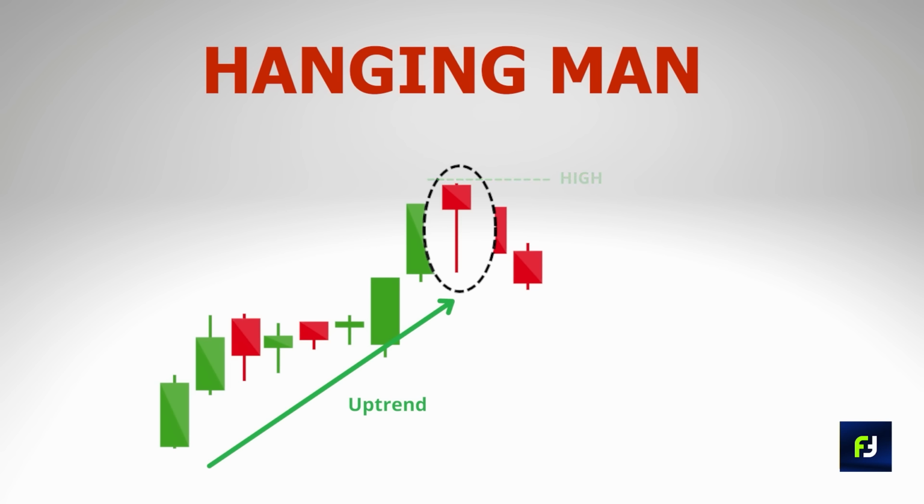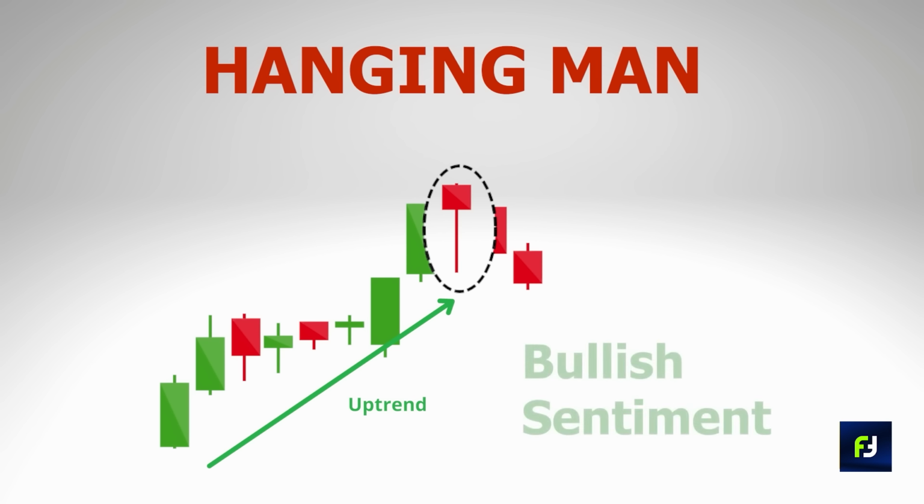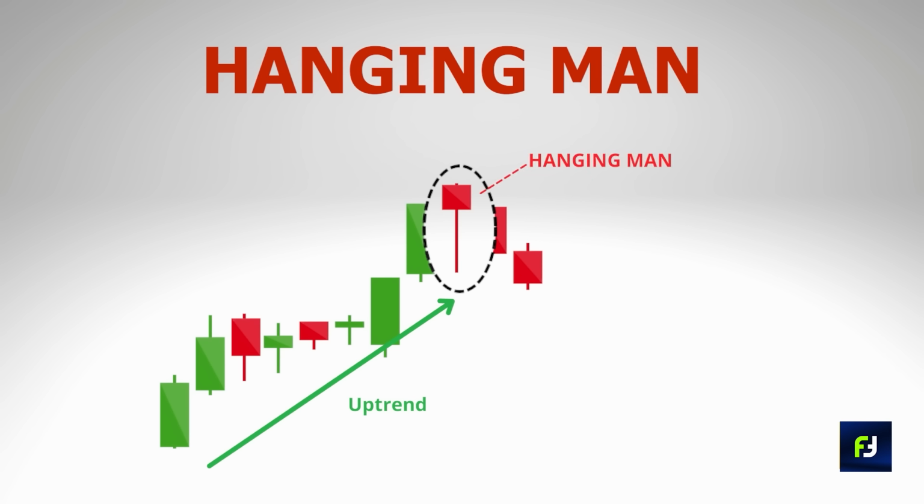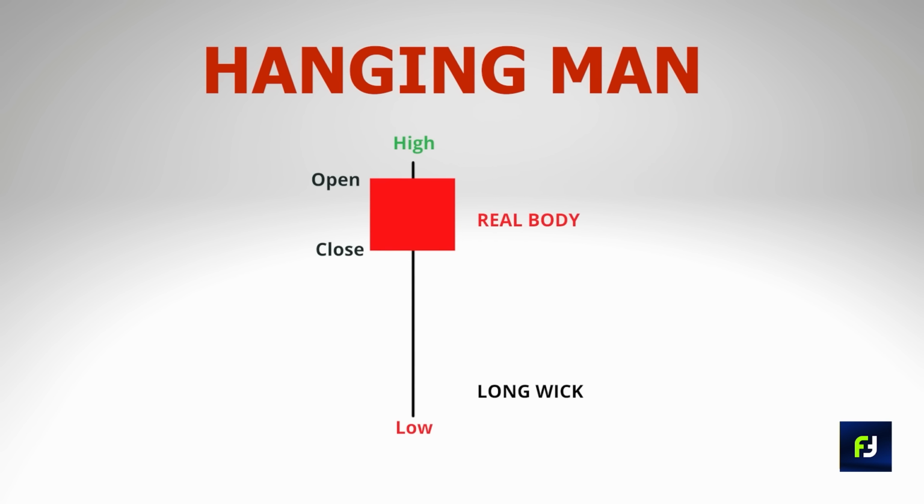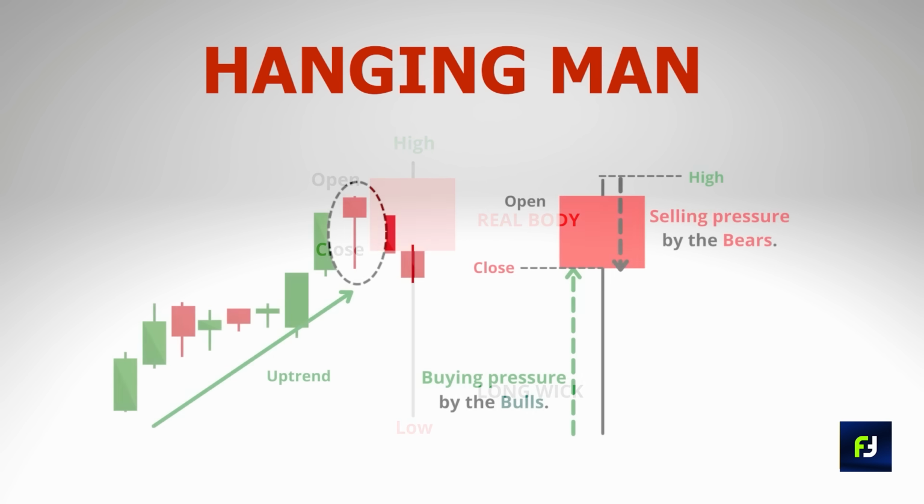The market is in an uptrend, hence the bulls are in absolute control over the market. A hanging man at the top of the trend indicates that the bears have managed to make an entry. This is emphasized by the long lower shadow of the hanging man, which signifies that the bears have tried to break the stronghold of the bulls.